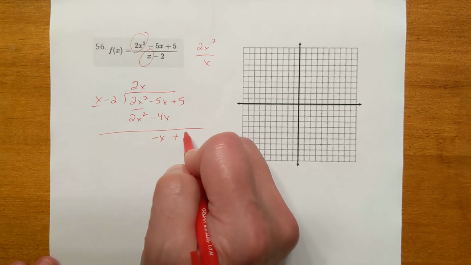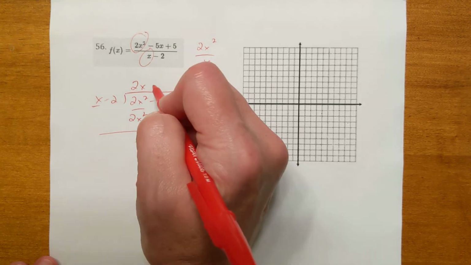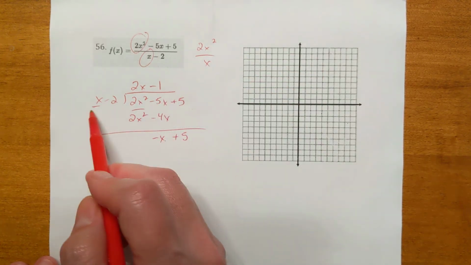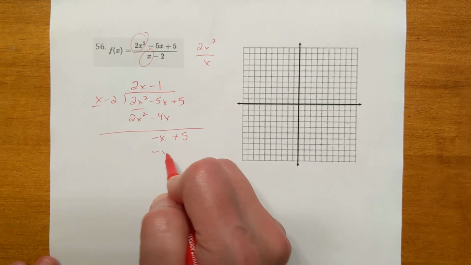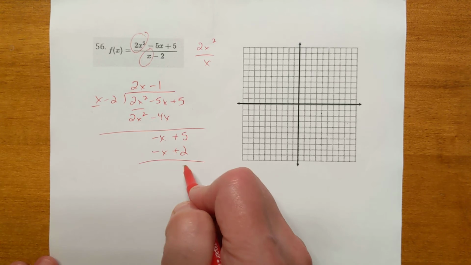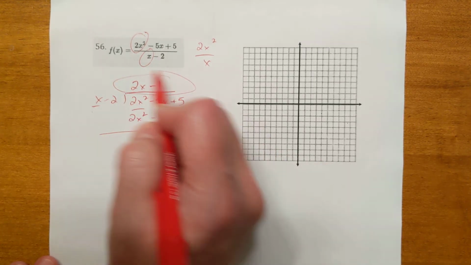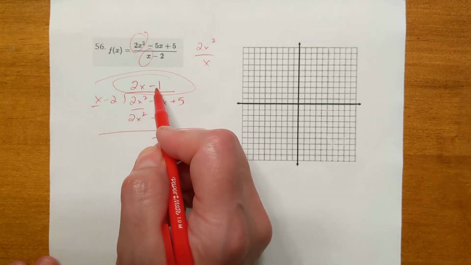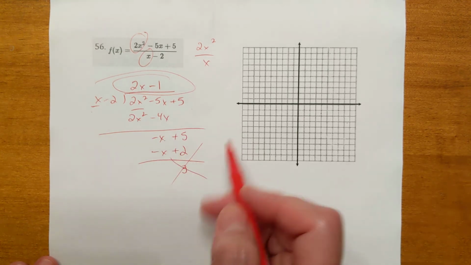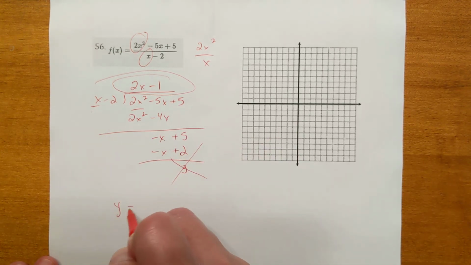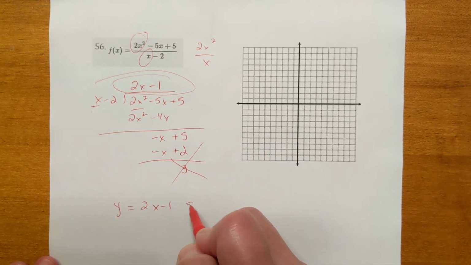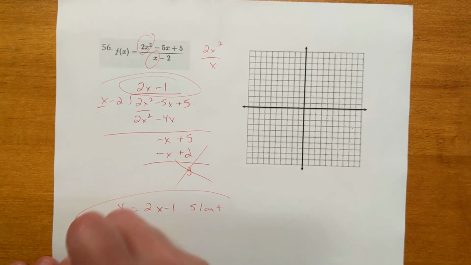And then bring down the 5. So then to get negative x, we need negative 1. Multiply both of them by it, so it makes that negative x plus 2. Subtract. And again, all we care about is what's on the top here, what we got when we divided. We don't care about the remainder. So y equals 2x minus 1 is the slant asymptote.